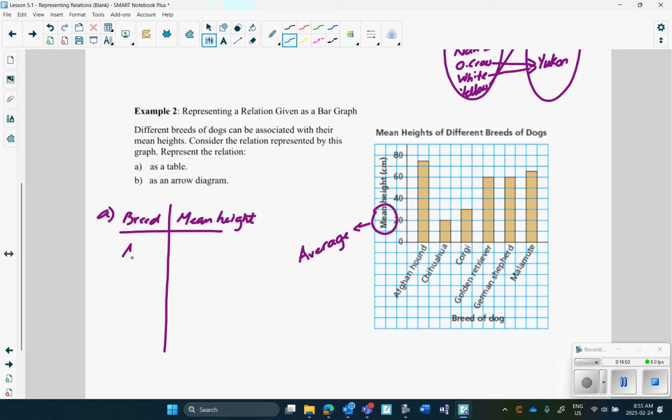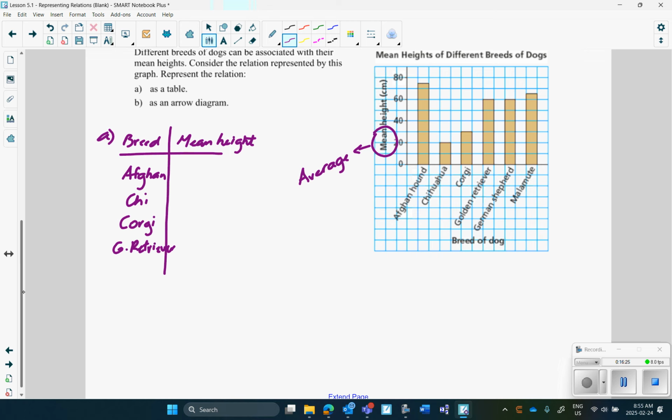We've got an Afghan, a Chihuahua, Corgi, Golden Retriever, German Shepherd, and then these huge dogs.